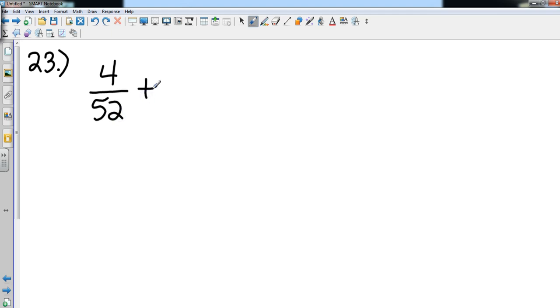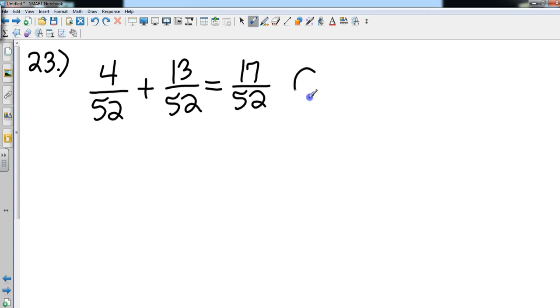Or means we're going to add, and there are 13 hearts in a deck of cards. So that's going to give me 17 over 52. 17 is a prime number, so the only option is if it goes into 52, and that's not the case. So we are choice G.